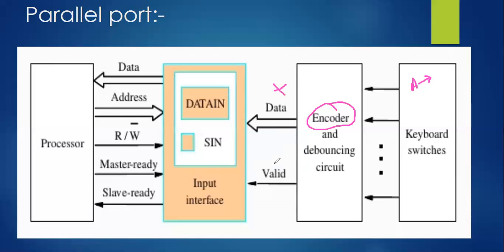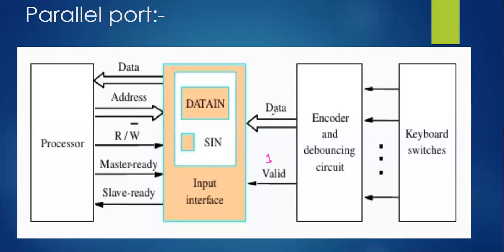Remember this. If you are transferring data to data in with a valid signal, meaning this particular line is set to 1, then whatever you transfer through this line will be accepted by the data in, that is, by your interface circuit.